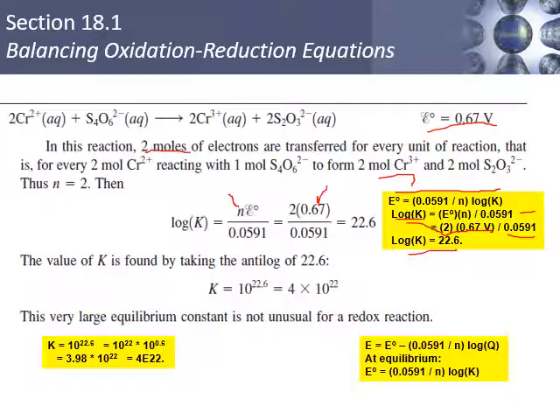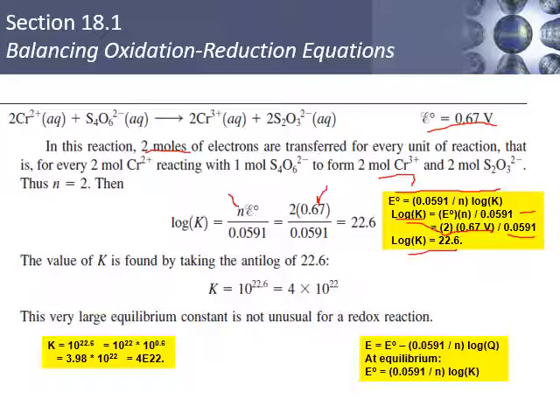And so you would just take your calculator and raise 10 to the 22.6 power to get K. But it's easier if you don't do that. Some calculators won't do it because it's too big of a number. But you can just remember that 10 to the 22.6 is equivalent to 10 to the 22nd times 10 to the 0.6.